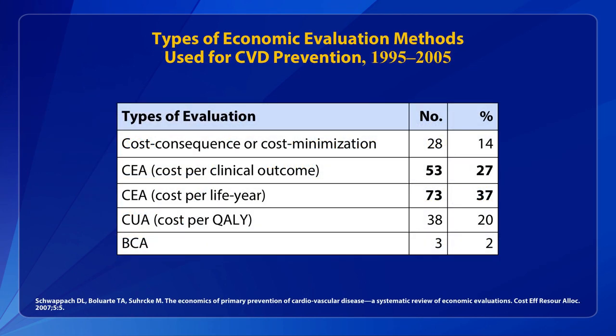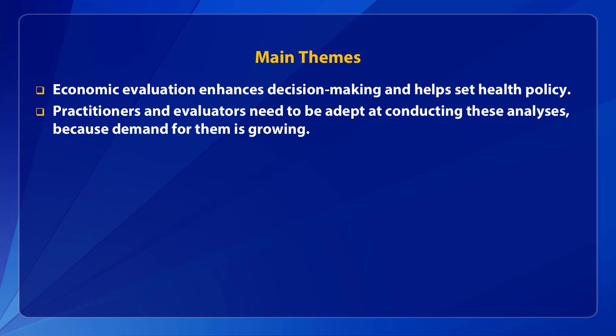This table shows the numbers and percentages of 5 types of economic evaluation in cardiovascular research between 1995 and 2005 from a total of 195 studies, as determined by Schwappach and colleagues. Economic evaluation is often used to inform decisions about health policy. Increasing demand for economic evaluation requires that practitioners and evaluators have a firm grasp of the principles involved.